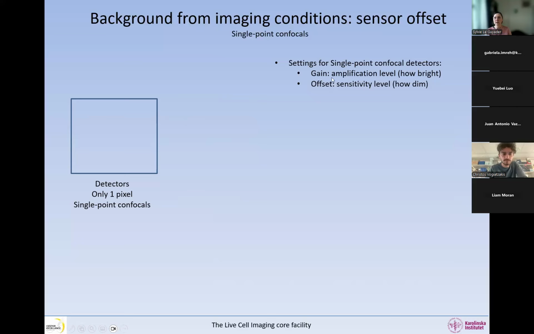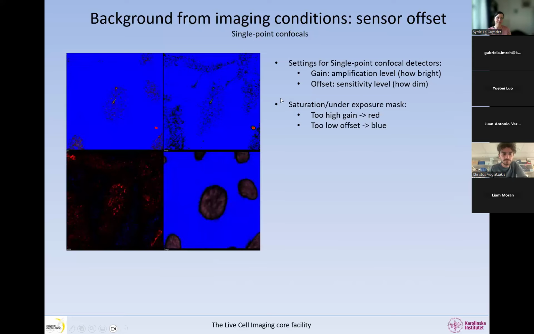The gain is how much you amplify the signal that you have. So this is how bright the signal is going to be. And the offset is the sensitivity level, and that is going to regulate all the dim parts in the images. So how low a signal you can detect, basically.